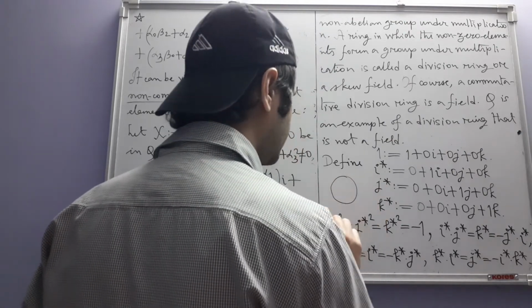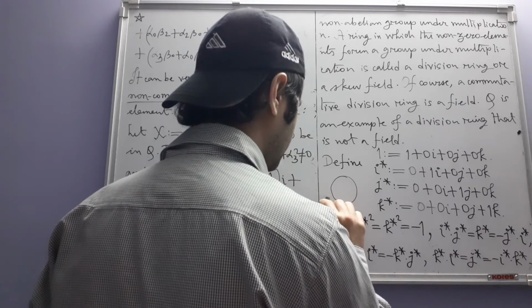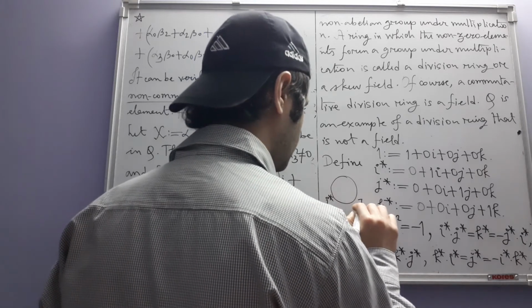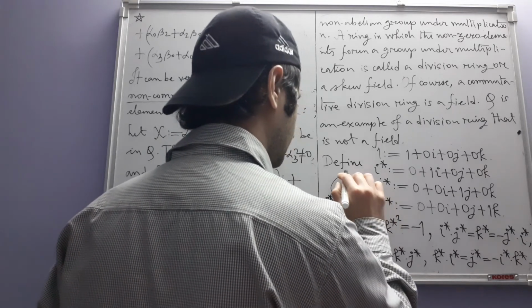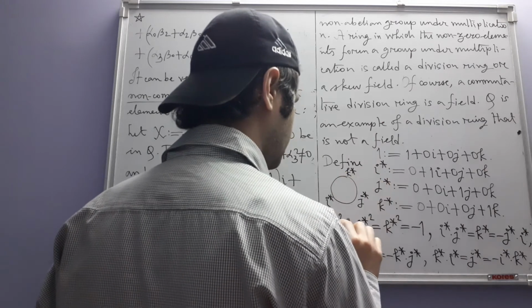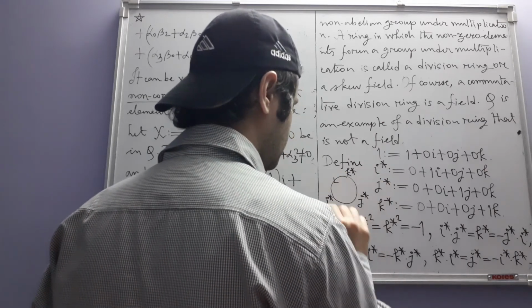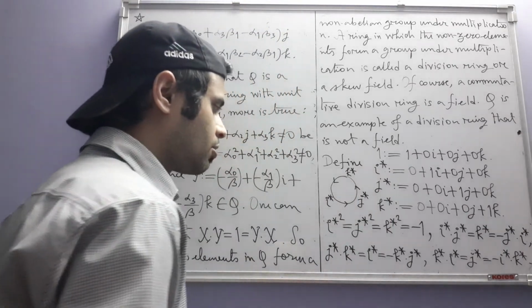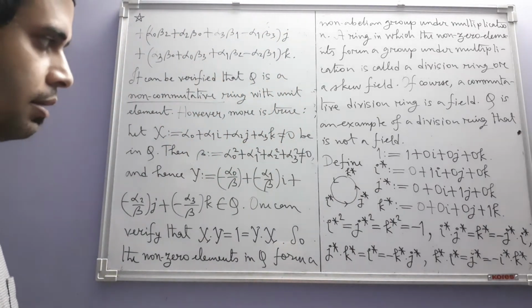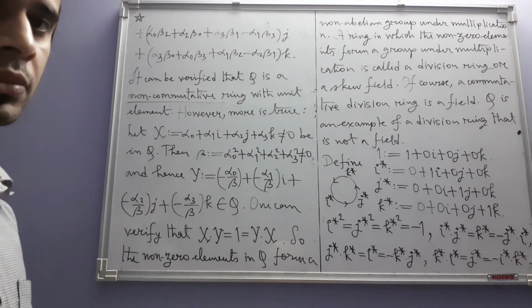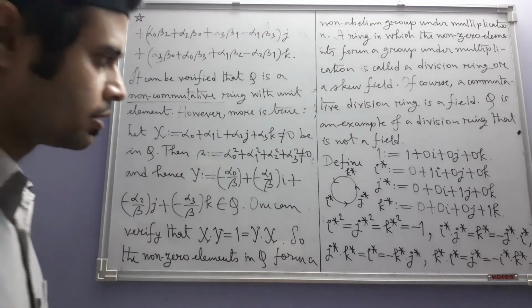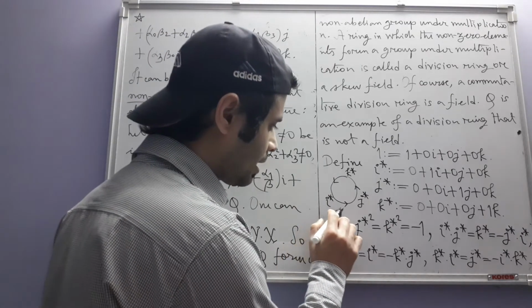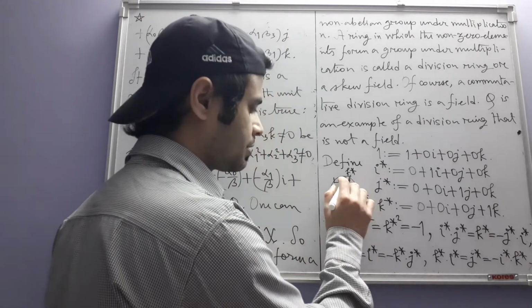To remember these products in particular, you can imagine a cyclic structure like this, where you have i star, j star and k star, and the structure has to be thought of as having an anti-clockwise sense of rotation, so that if you multiply i star and j star, you get k star.